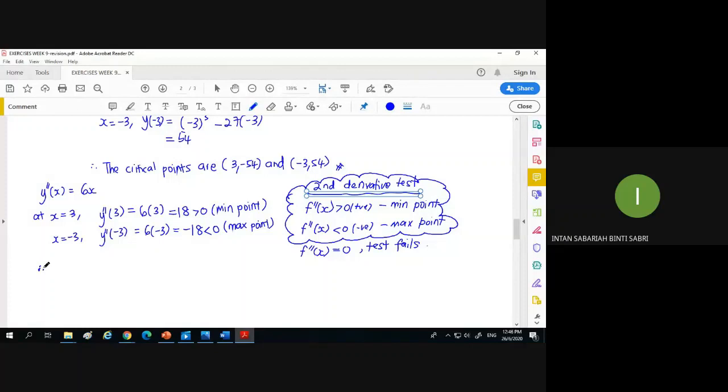Okay, therefore, kita ambil balik the points. 3, negative 54 has a, okay, 3 negative 54 kat mana? Kat sini lah. Siapa ni 3? Has a minimum point.